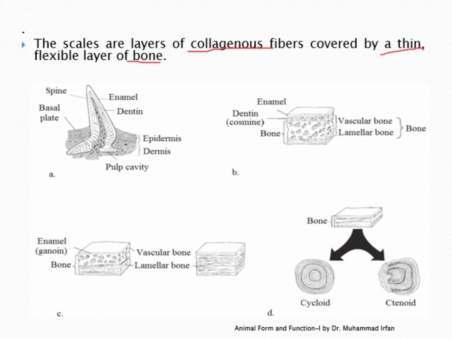We know there are placoid scales that are here in the diagram A. Then we have cosmoid scale, and we have the ganoid scale, and then we have teleost scales.